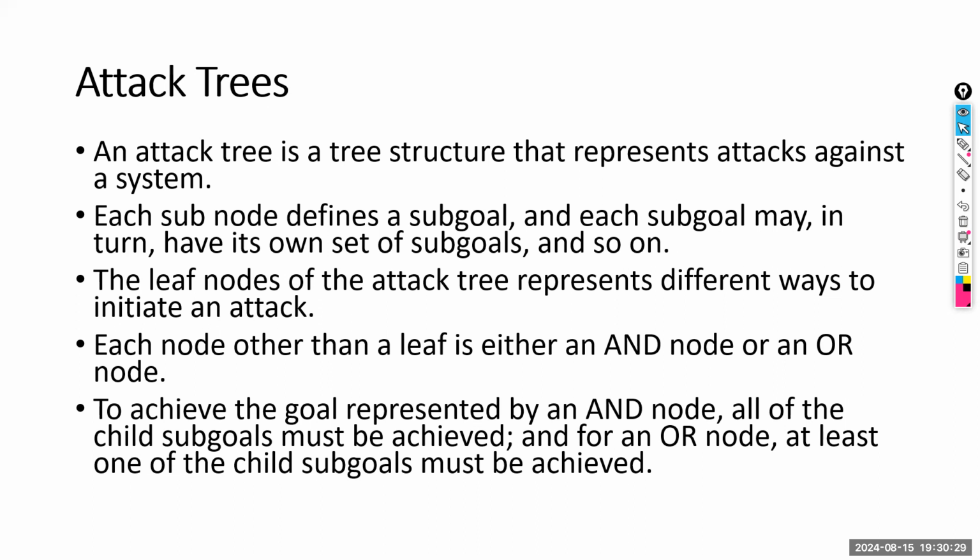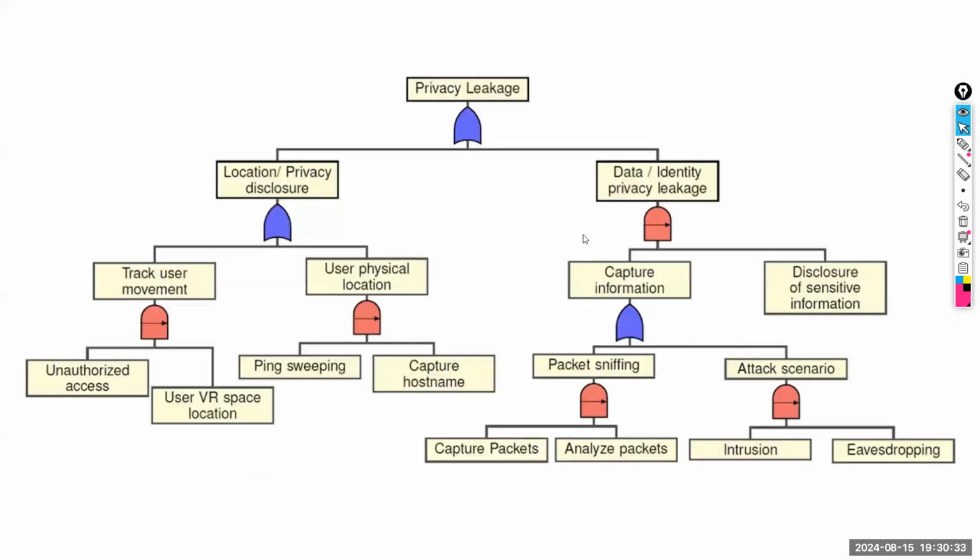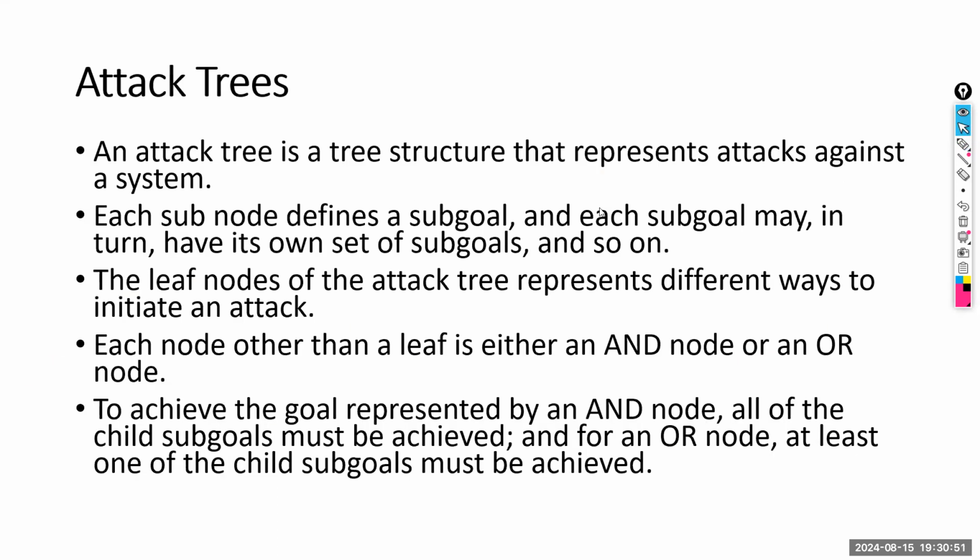Our next subtopic is attack tree. So attack tree is something like this. Remember, there are so many possibilities for attack. Of course, you must have some sort of intention for attack. Based on that, people will have some goals, sub goals.